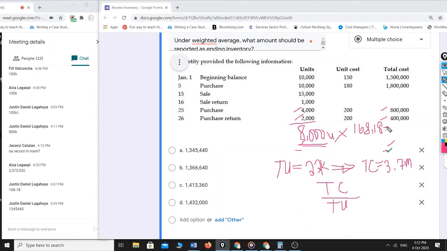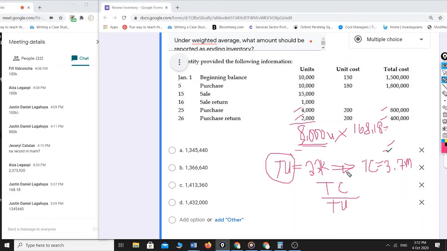So for this item, our answer is 1,345,440. Okay, thank you Mr. Lagahoya for your answer. So maayo timan aning weighted average, guys. You should identify first pila ang total units available for sale.